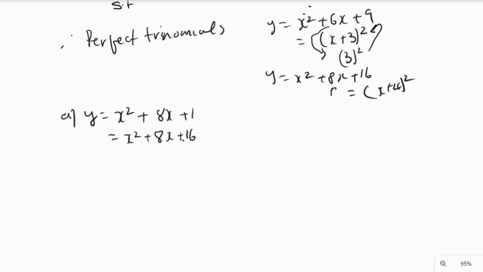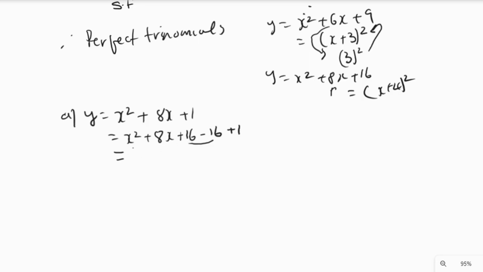So I cannot just add a number to an expression, because if it's an expression, I'm changing it. So in order to add 0, 0 will not change it. I have to say 16 minus 16. That means I'm adding 0 to the expression. If I add 0, I'm not changing the expression. So it will be plus 1. So in this case, now x squared plus 8x plus 16.